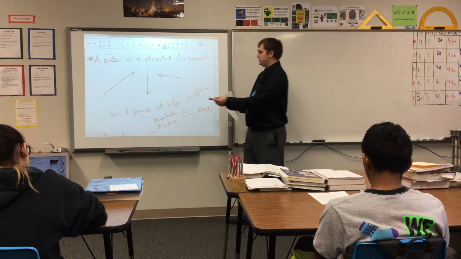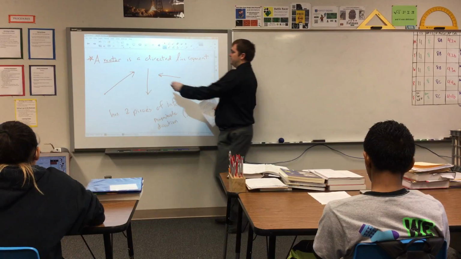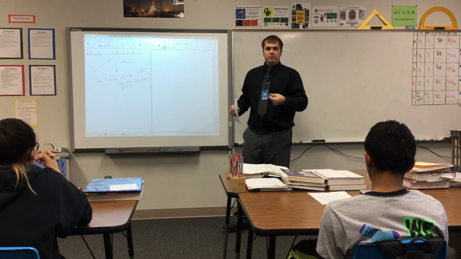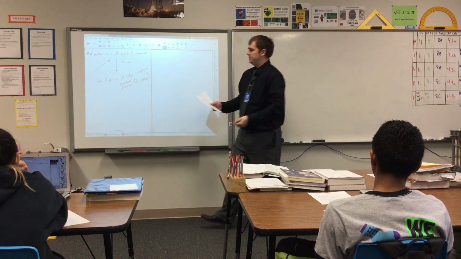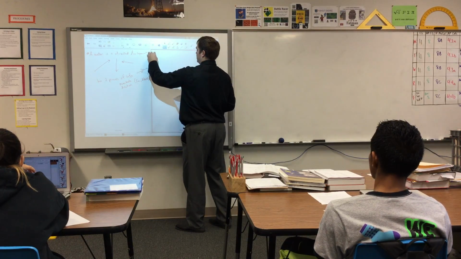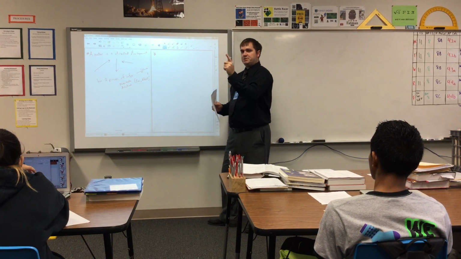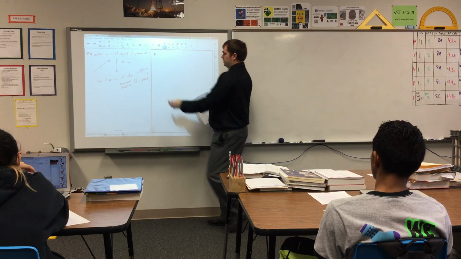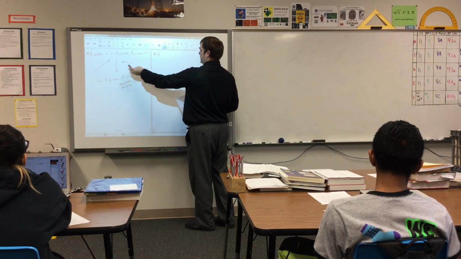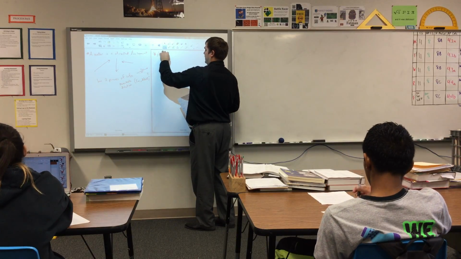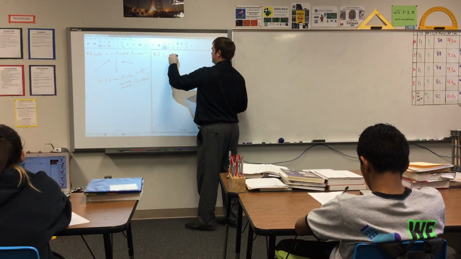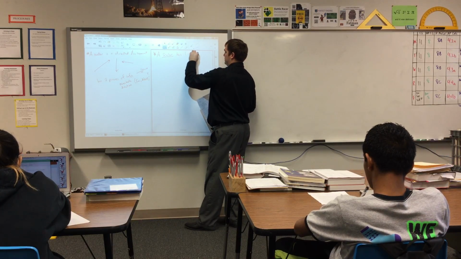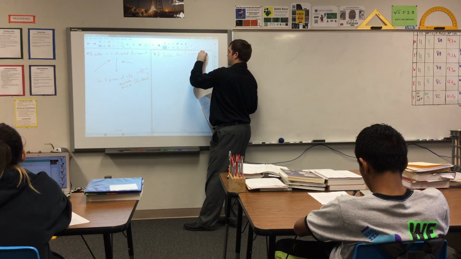Now a vector, which is 2 pieces of information, is in contrast to the other thing, which only has 1 piece of information. Does anybody know what something that has 1 piece of information is called? It starts with an S. A scalar. So you got a vector, which is 2 pieces of information, and a scalar, which is just 1 piece of information.